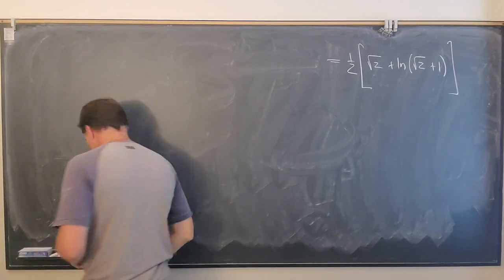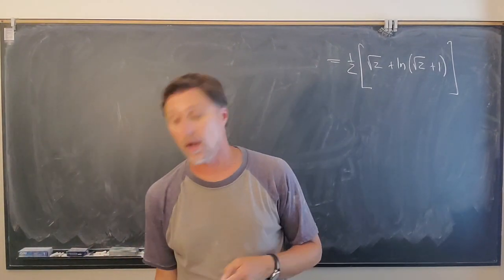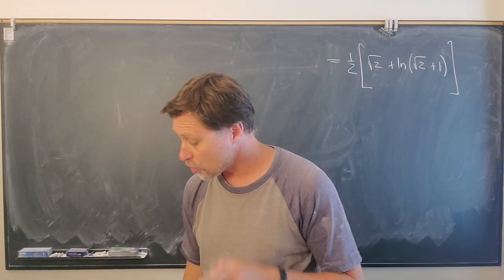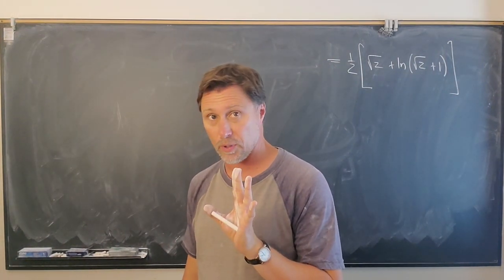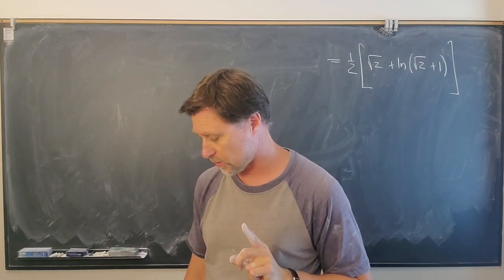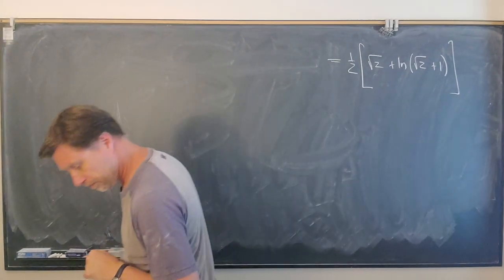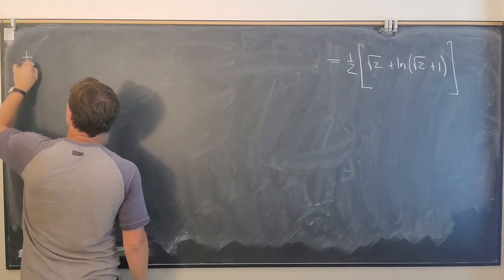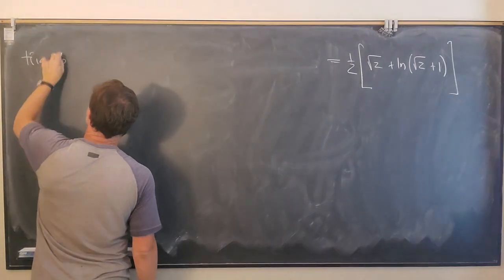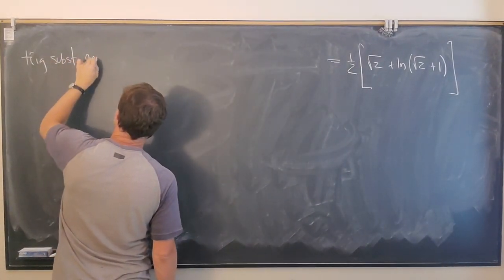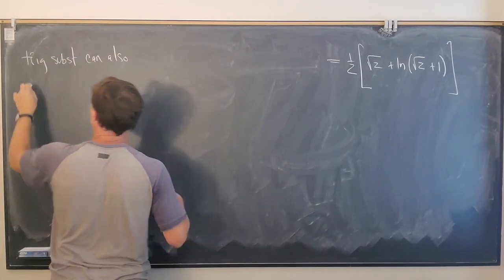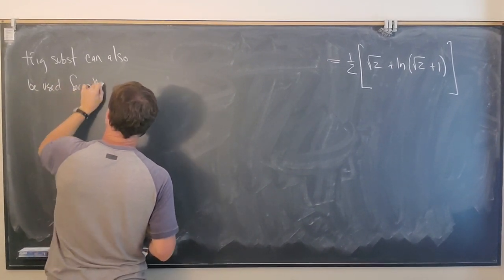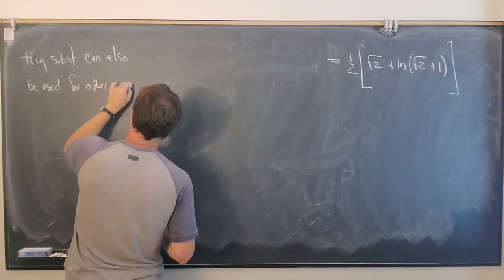Now, one last thing. We've been talking and doing examples of situations where we do trig substitution. Trig substitution is designed to help you deal with square roots, but that's not the only situation. Trig substitution can also be used for other powers.